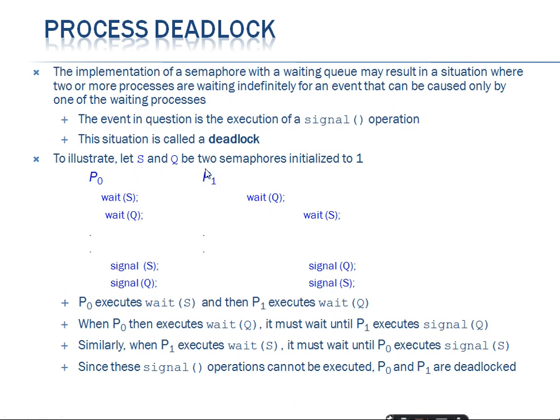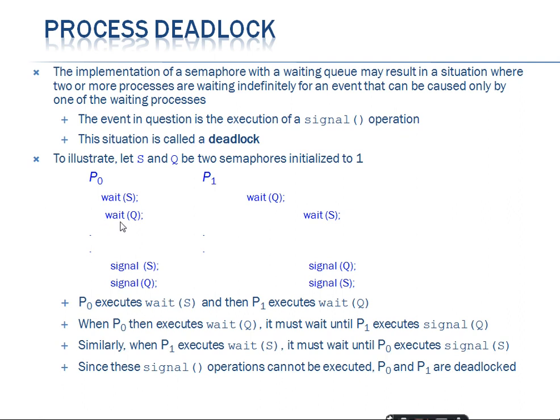Let S and Q be two semaphores that are initialized to 1. So here we have two processes, P0 and P1, and two semaphores, S and Q. Initially they are assigned value 1. Now at time T1, P0 calls wait over S, and at that time P1 calls wait over Q. See here, wait operations on two different semaphores are invoked by the two processes.